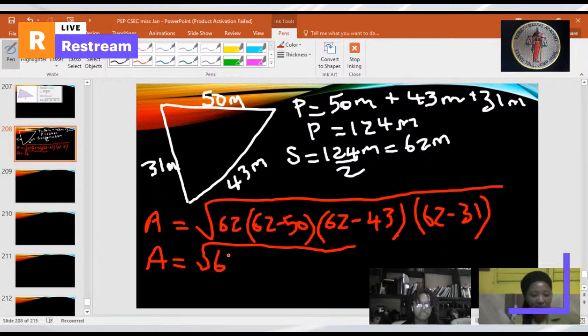So the square root of 62 times 8, because 62 minus 50 is 8, times 62 minus 43, which is 19, and 62 minus 31, which is 31.